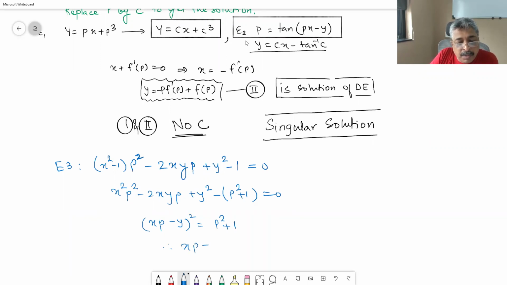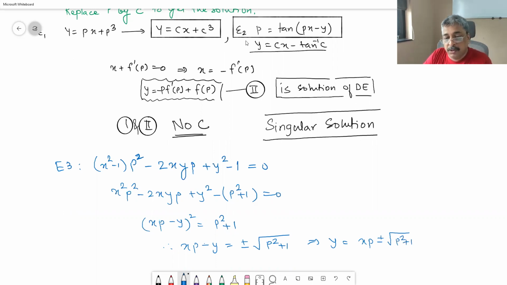Therefore, xp plus minus y is equal to plus minus radical p square plus 1, which implies y is equal to xp minus or plus radical p square plus 1, Clairaut form. Therefore, solution y is equal to cx plus minus radical c square plus 1. This is going to be your solution in this form.